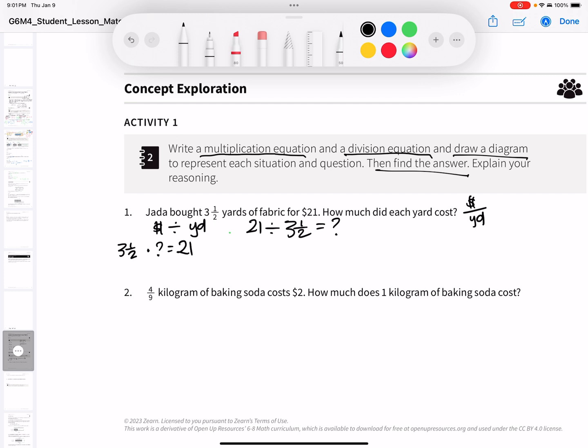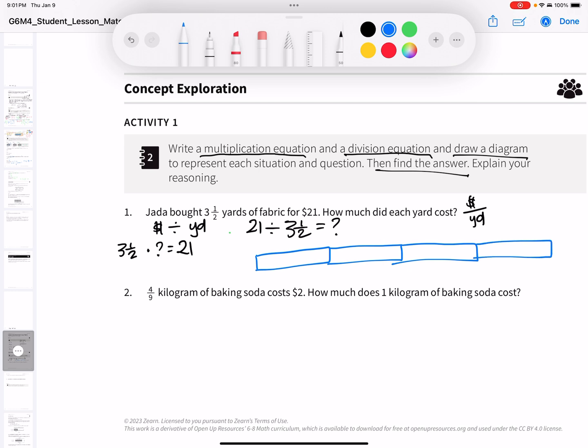Okay, so as we do this, we have 3.5 yards. Okay, and we know that 3.5 yards costs $21. So here is 1 yard, 2 yards, 3 yards, and then I have to do a 4th yard, but we're only going to use half of that yard.